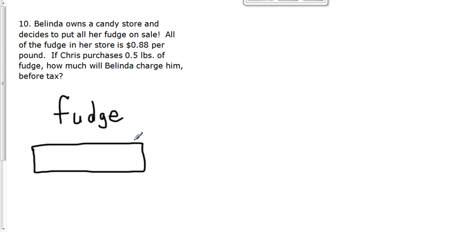So let's go back to the story. The story is about fudge, and what we have is all the fudge in her store is on sale for 88 cents per pound. So the story is about pounds. It says Chris purchases 0.5 pounds. Well, if Chris purchased a whole pound, that 1 pound would be 88 cents.